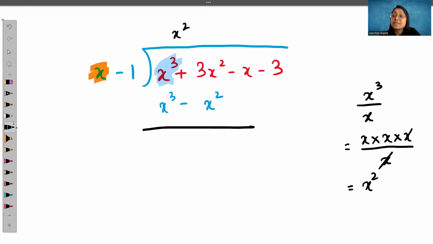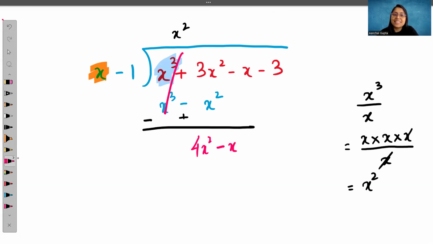We subtract, which changes the sign: plus becomes minus and minus becomes plus. So let's bring down. 3x squared plus x squared gives 3 plus 1, which is 4x squared, bringing down negative x again.